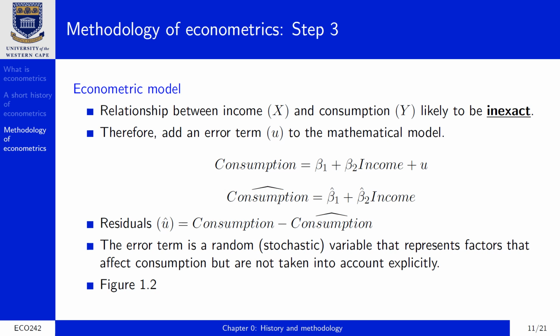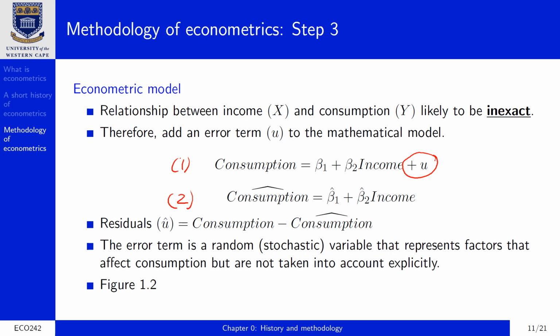In the first equation on this slide, we have consumption. I'll just label these equations to make it easier to refer to. I'll call this equation 1, and this one equation 2. So equation 1 takes our mathematical model and adds a u at the end, another variable.